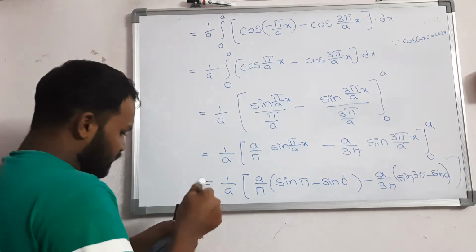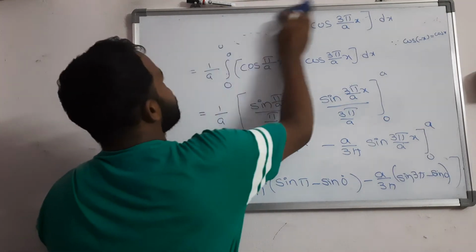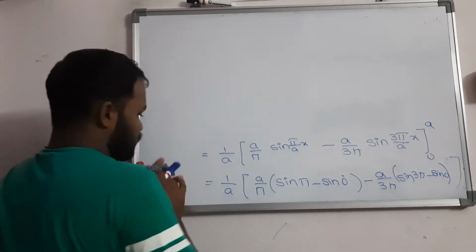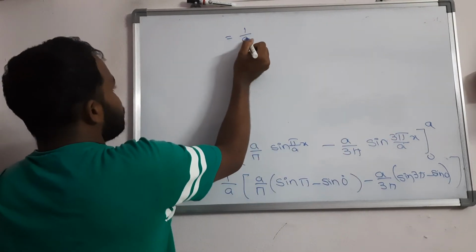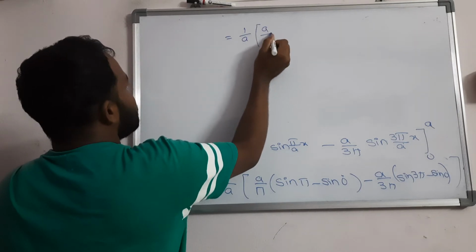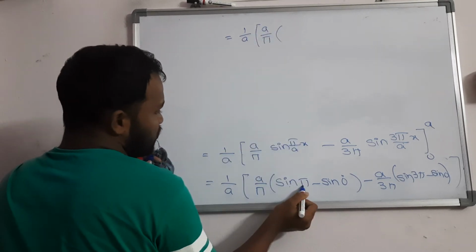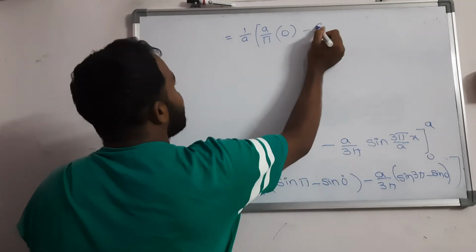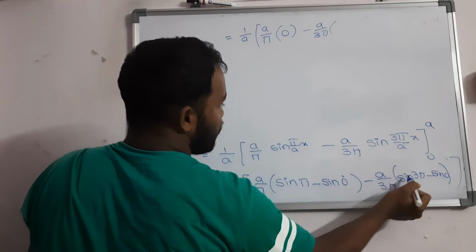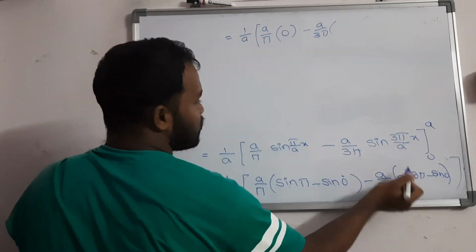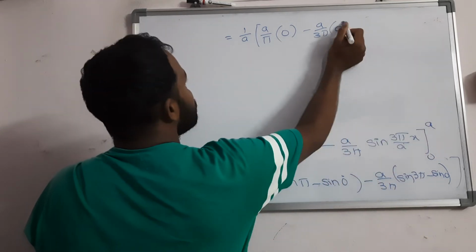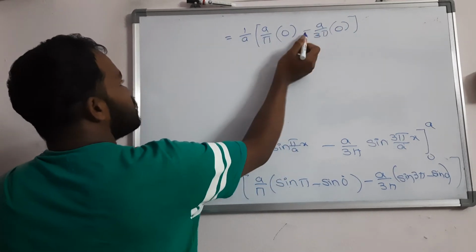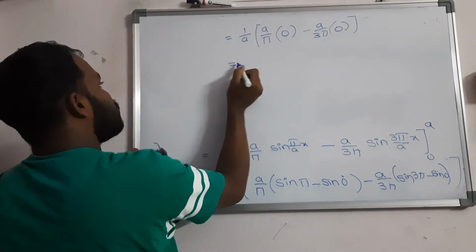So after writing this, the values you already know. So what are the values? That is 1 by a into a by pi into sin pi is 0, minus sin 0 is 0, 0 minus 0 is 0, minus a by 3 pi into sin 3 pi, sin n pi is 0, already I discussed, 0 minus 0 is 0. 0 into something is 0, you will get only 0.